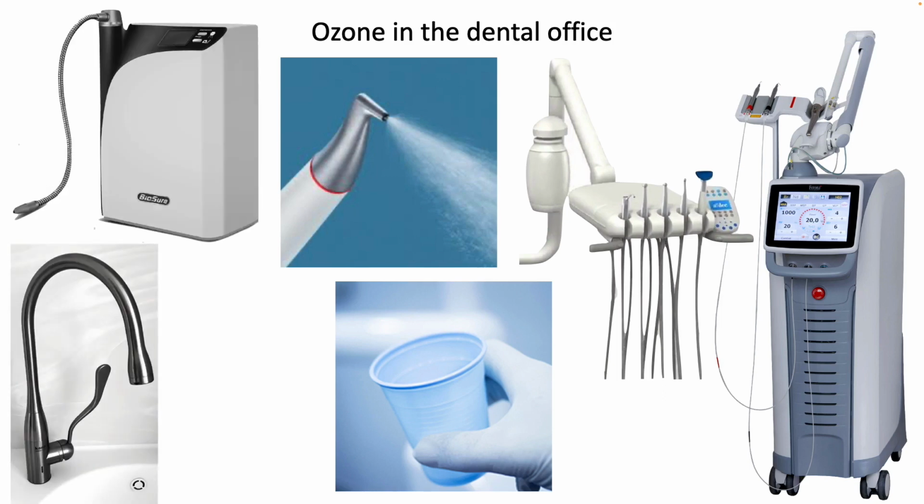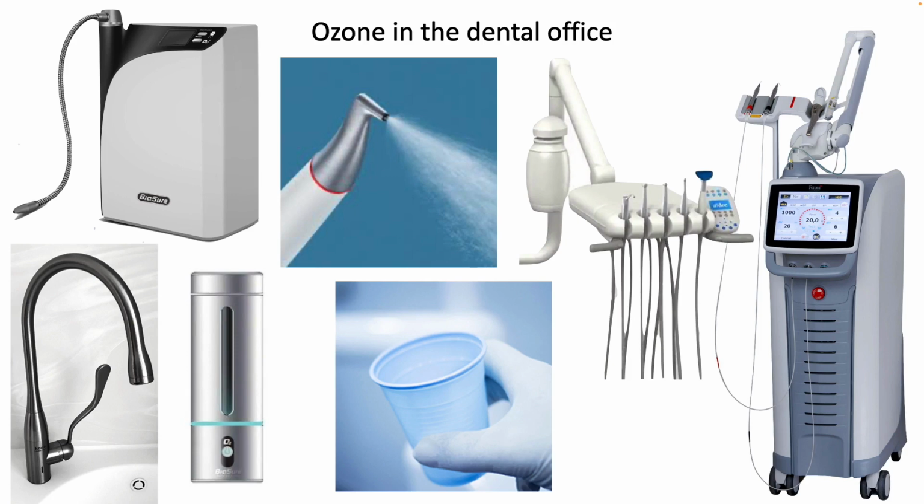We can use it, and it's available to us, on demand. We can prepare it either from a tap or from a central disinfection unit, but we can now also have it as a tumbler like this that the patient can take home and the patient can use at home.